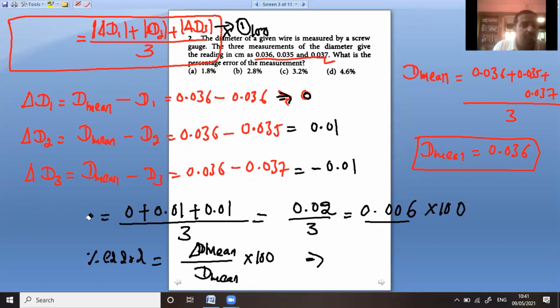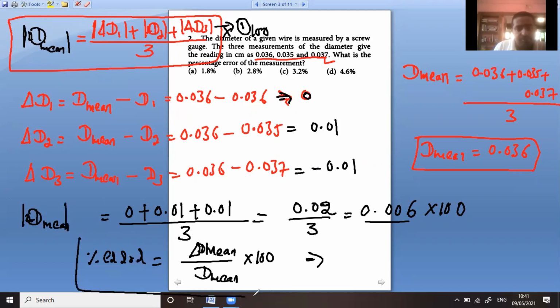This is the absolute mean error, that is mod delta d mean, the absolute mean error. So this is the percentage of error.